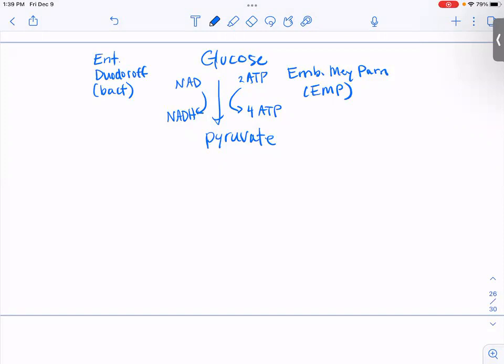And then the pentose phosphate pathway, lots of different organisms do that, but it's more so when they need to synthesize molecules rather than needing ATP. So those are the two other glycolytic pathways we talked about.